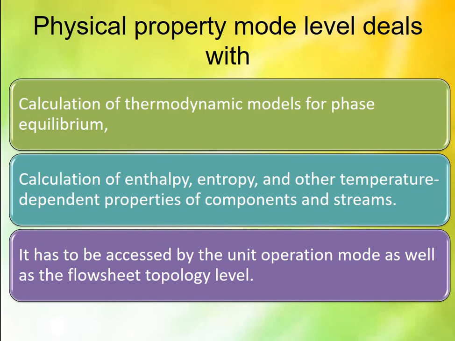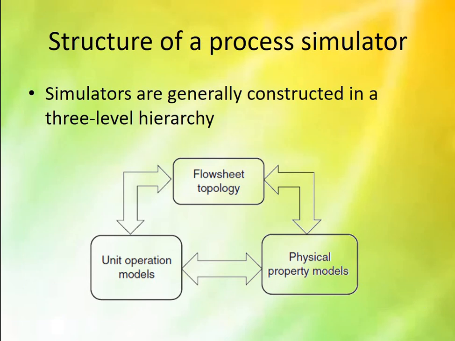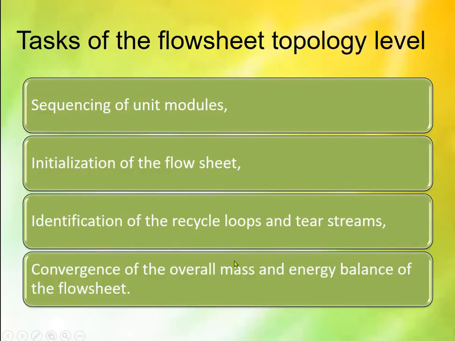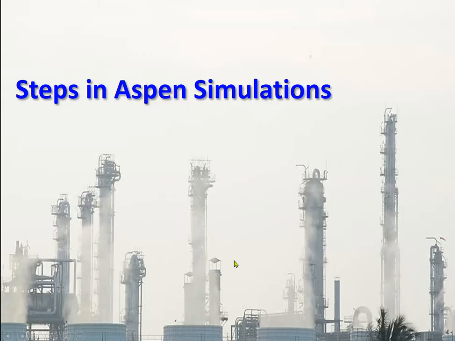So these three structures of a process simulator basically interact with each other. They cannot run independently. They continuously interact with each other, and with the help of the other structures, they come out and solve the problems.